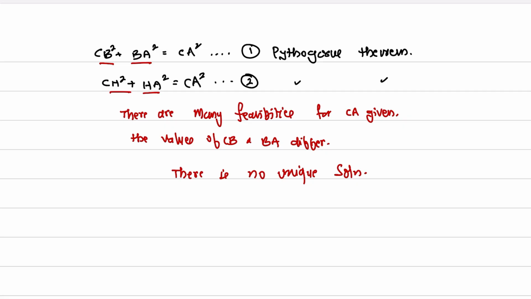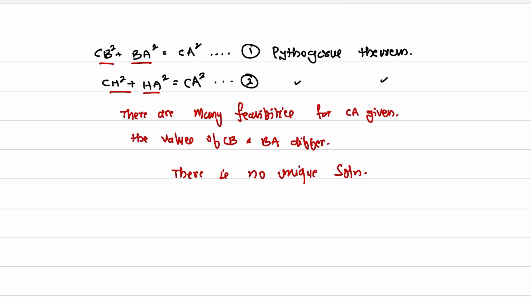We can't expect in the examination a unique solution where all the values are given and you are asked to put them in an equation and solve it. We have to think. Thinking, imagination, assumption, these are the major things which drive a mathematical problem.